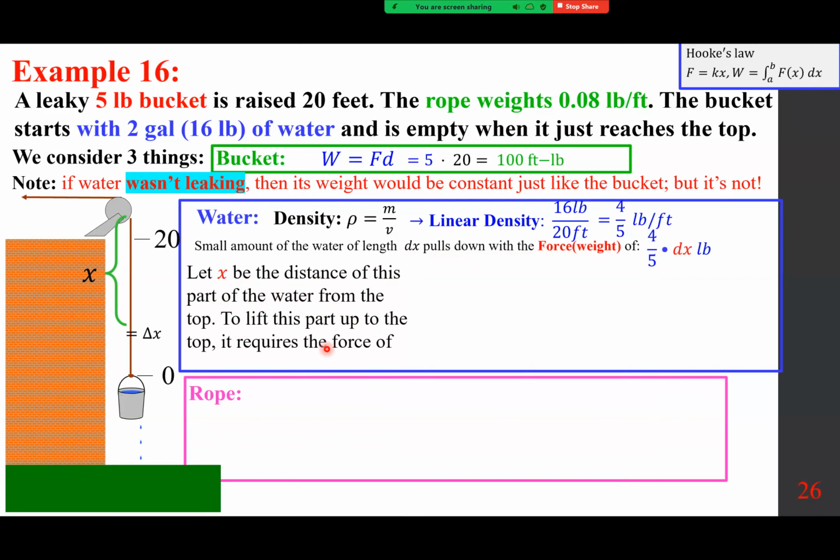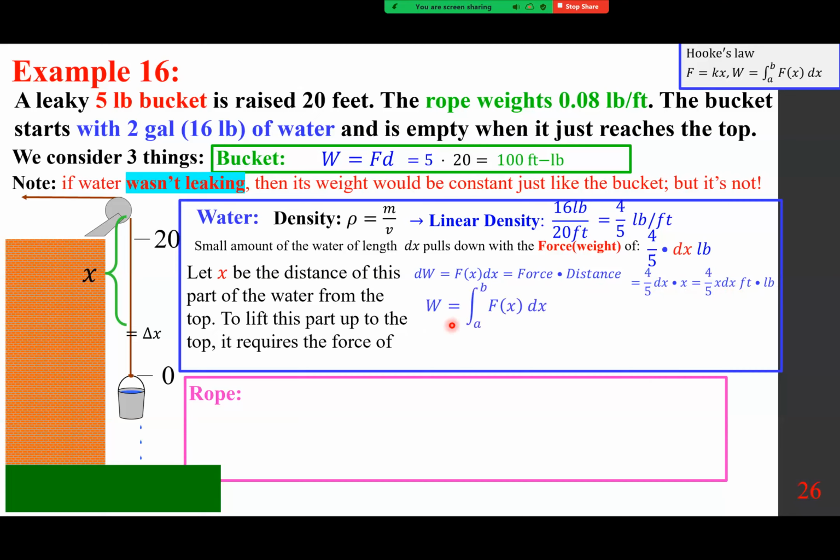To lift this part up to the top, it requires the work of dW, force of x times dx, force times the distance. And now we are going to integrate that: 4/5 of x times dx, right? Because this distance is x.